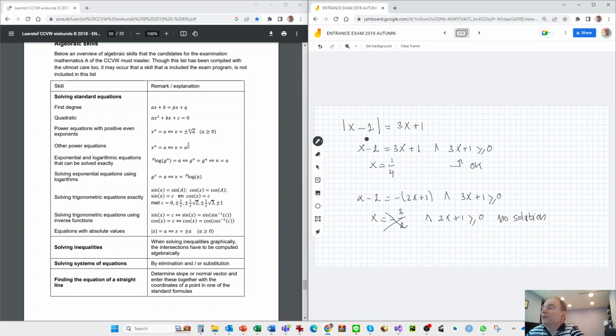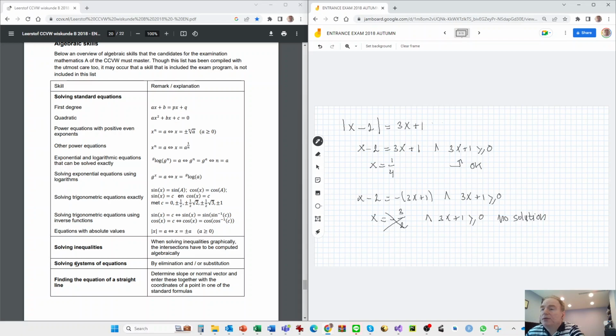And again, it can become tricky if there are complicated functions or expressions here. Then finally, inequalities you have to solve by first algebraically calculating the intersections, or making the sign equal. And after you have done that, you can graphically indicate what the solutions are.